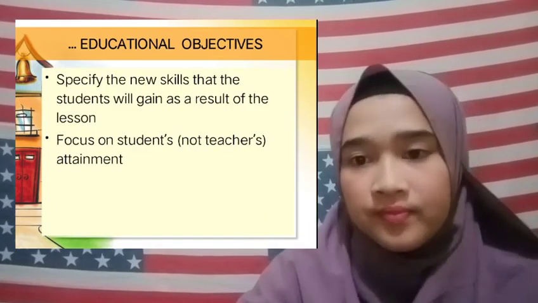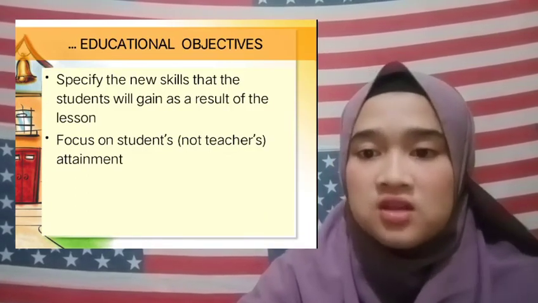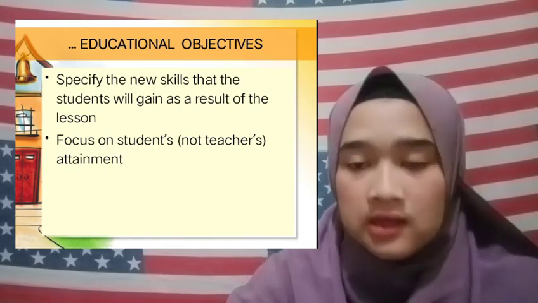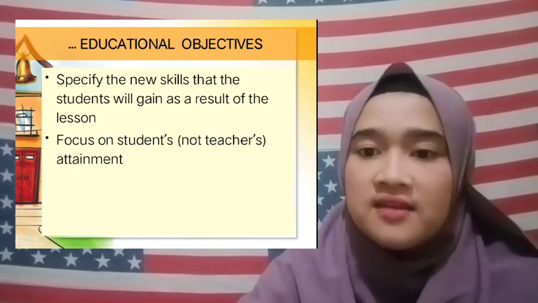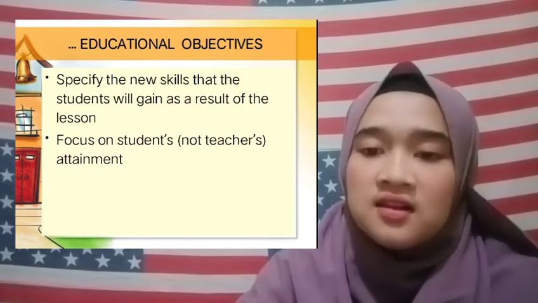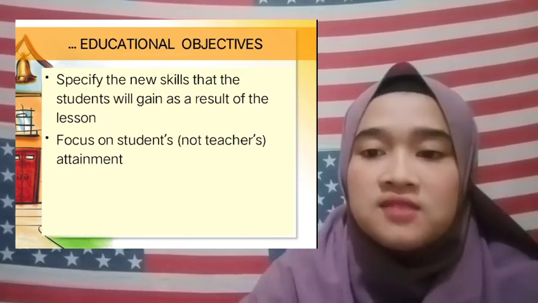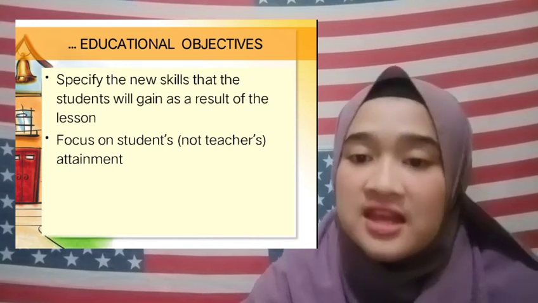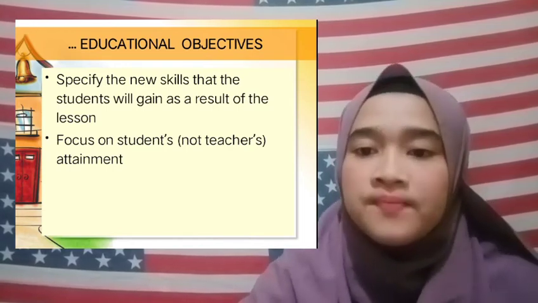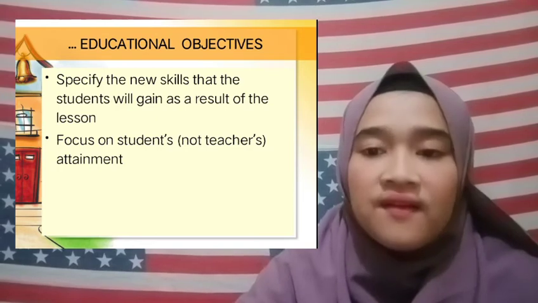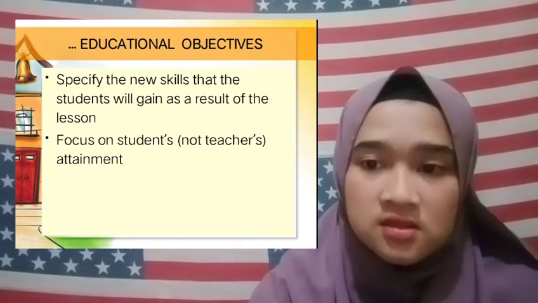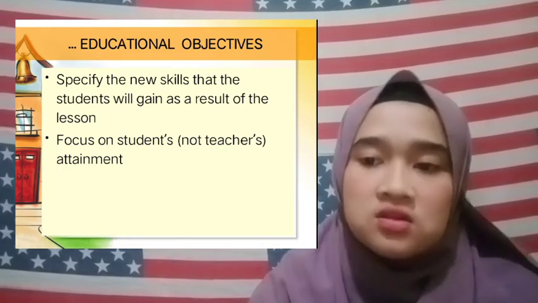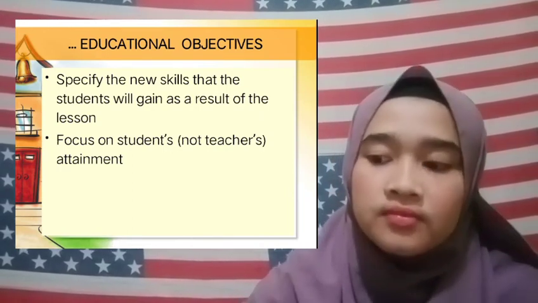Now, what actually are educational objectives? Educational objectives have some criteria. The first is that good objectives specify the new skill that students will gain as the result of the lesson. Second, focus on students' behavior. It's not all about teachers' attainment.